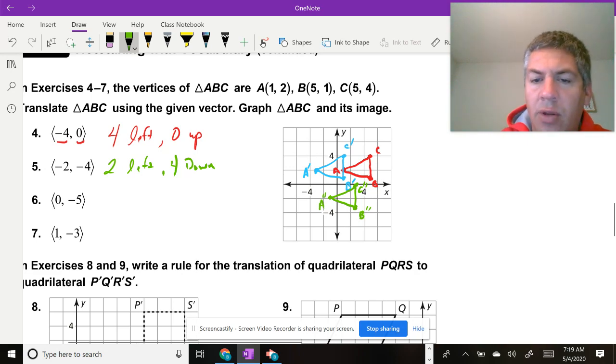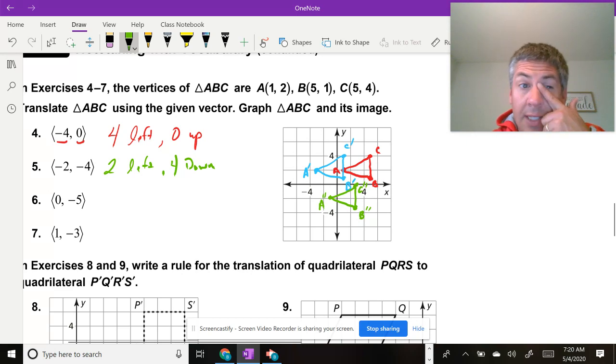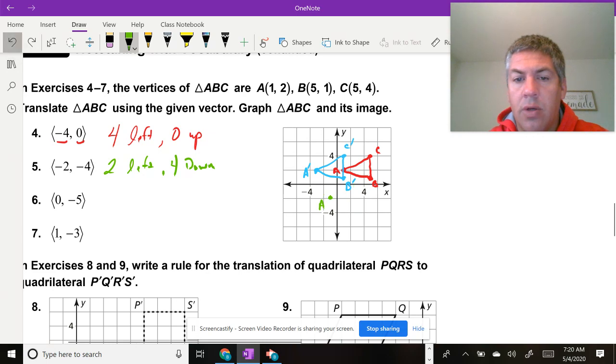Now my graph is getting a little bit clouded. So we want to continue to practice these movements, but we're going to now erase these pictures just so I can get a clearer picture of what's going on here.